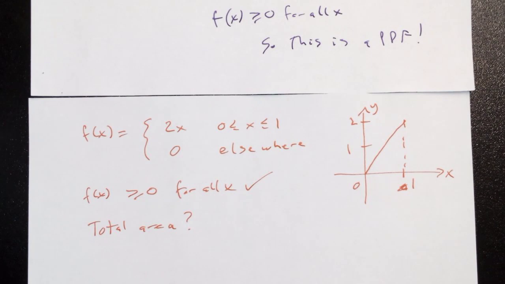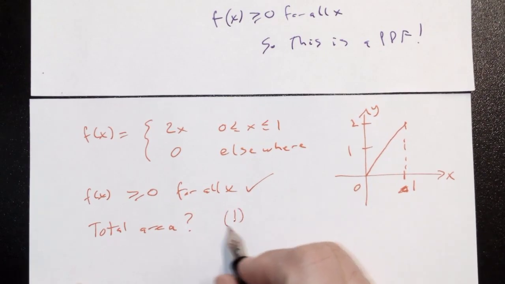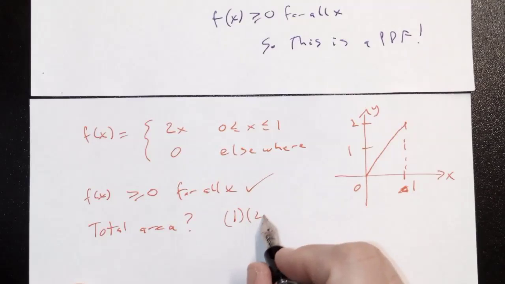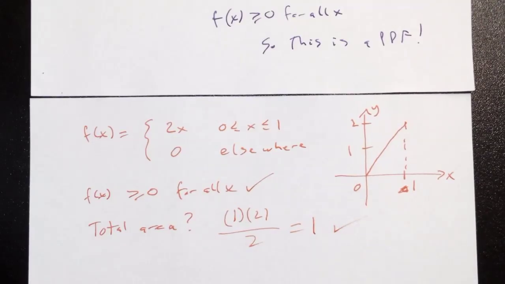Formula for the area of a triangle: length times width divided by 2. So length times height divided by 2 equals 1. Yay, it worked.